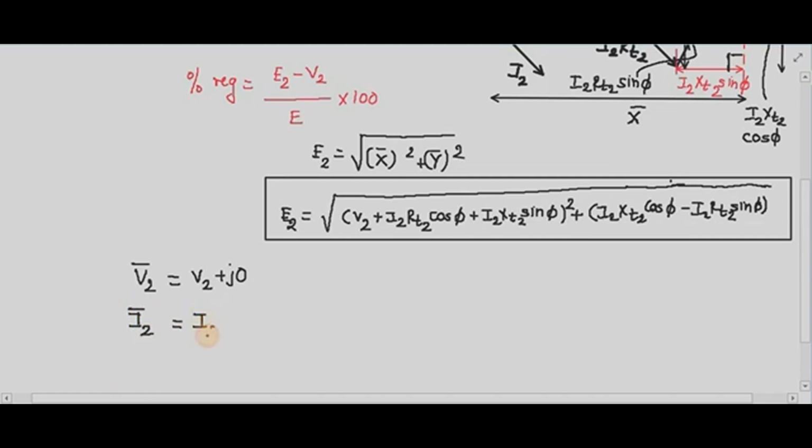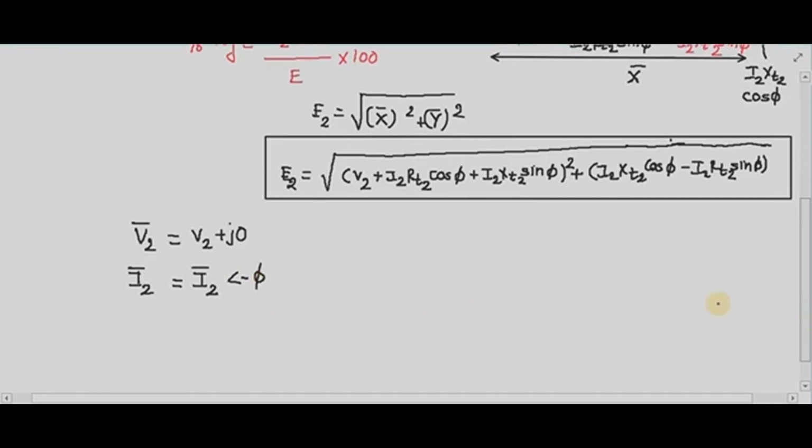So in polar form, I can write I2 at an angle of minus phi. Minus indicates that I2 is lagging the reference vector V2 by angle phi. In rectangular form, I can write this as I2 into cos of phi minus j sine of phi.